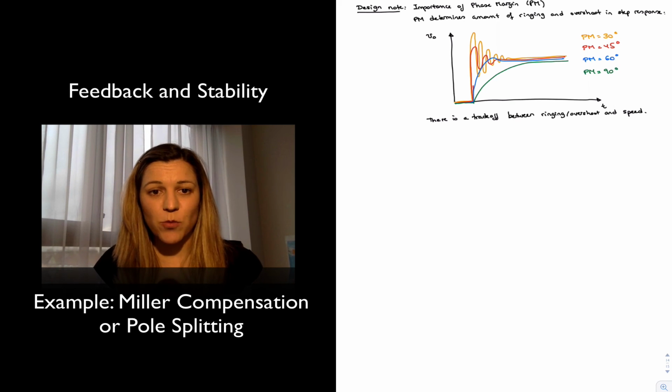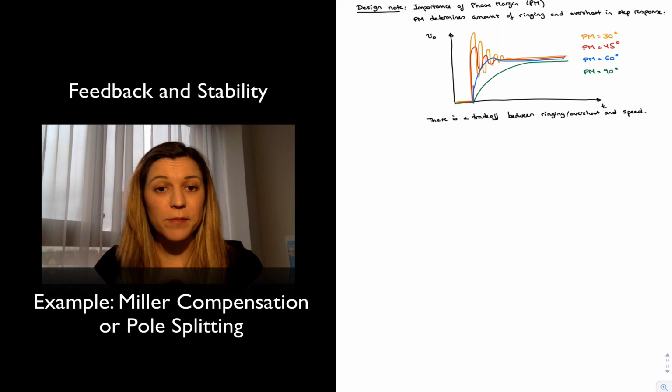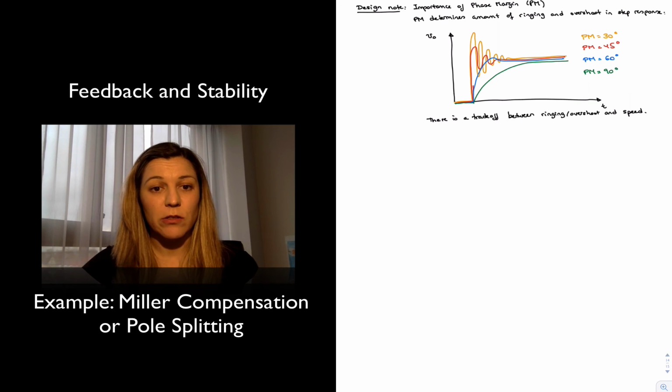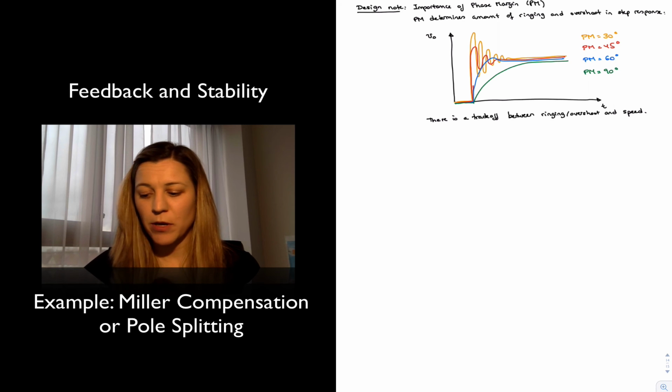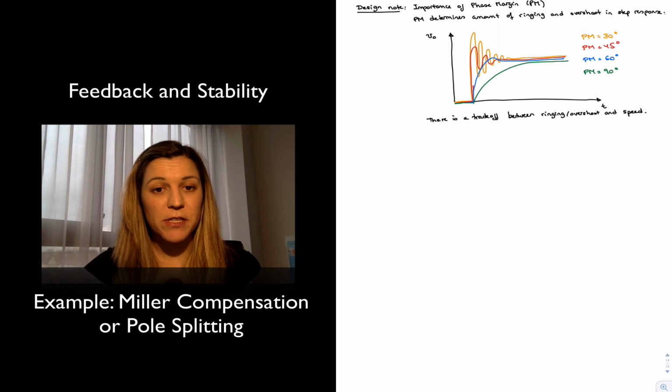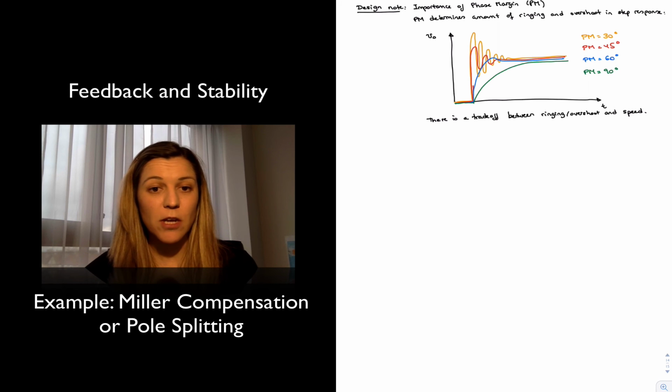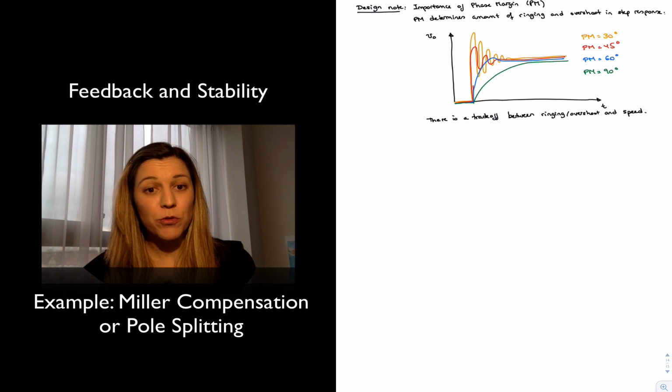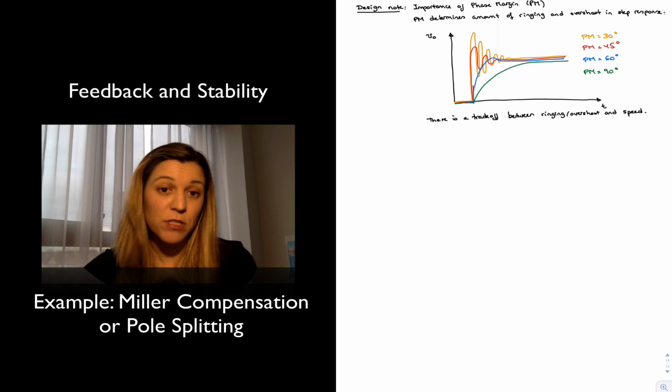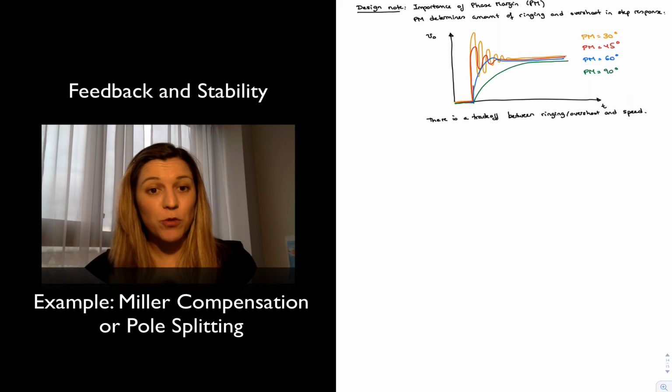And this is something that we see clearly in the op-amps. Whenever we take a look at the schematic for an op-amp, we can see that in some cases, in most cases nowadays, we have a compensated, internally compensated op-amp. So if you look at the schematic, you will see a small capacitor placed between the output of the first stage, which is the input of the second stage, and the output of that second stage.